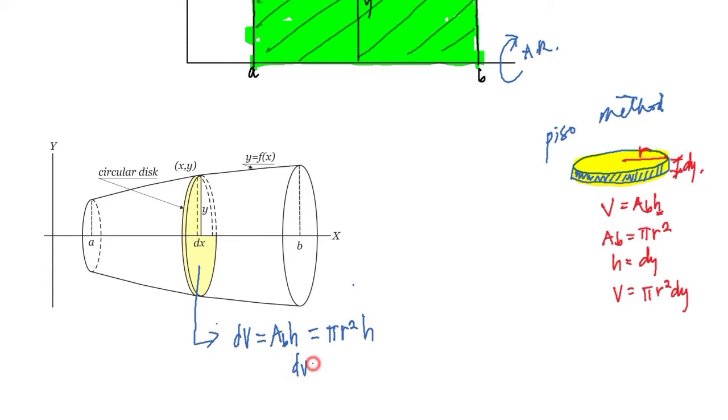So with this, we can say that the differential of the volume is equal to pi, and our radius here is equal to the value of y. So we have y squared, and the h is the dx, the thickness. So this would be equal to dx. So with this, if we are going to compute for the total volume for this solid, we have here this pi integral of y squared dx.